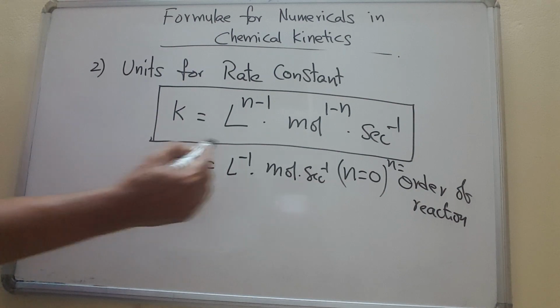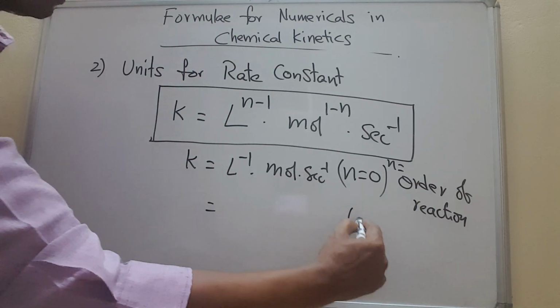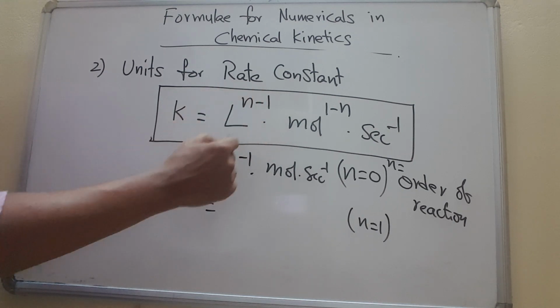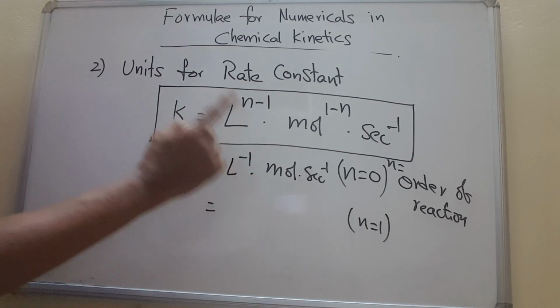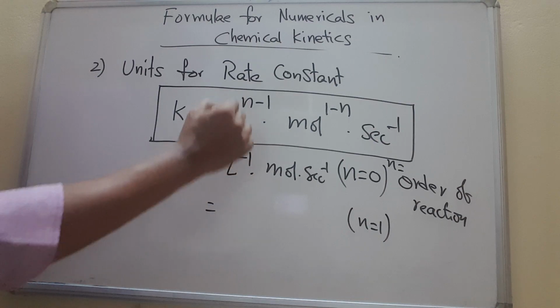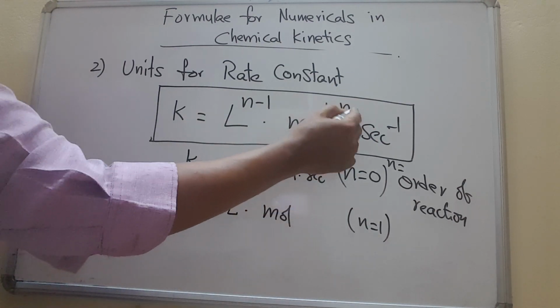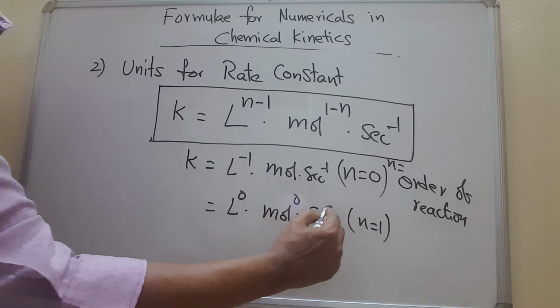Okay. Then if it is a first order reaction, n is equal to 1, then you substitute 1: 1 minus 1 is 0, and anything power 0 is equal to 1, that is L power 0, and then mole power 1 minus 1, that is 0, and second inverse.